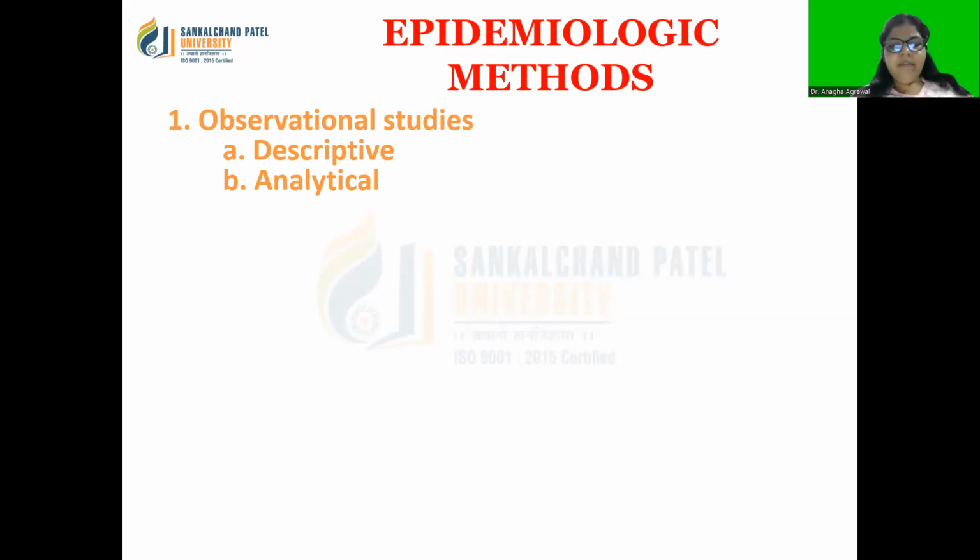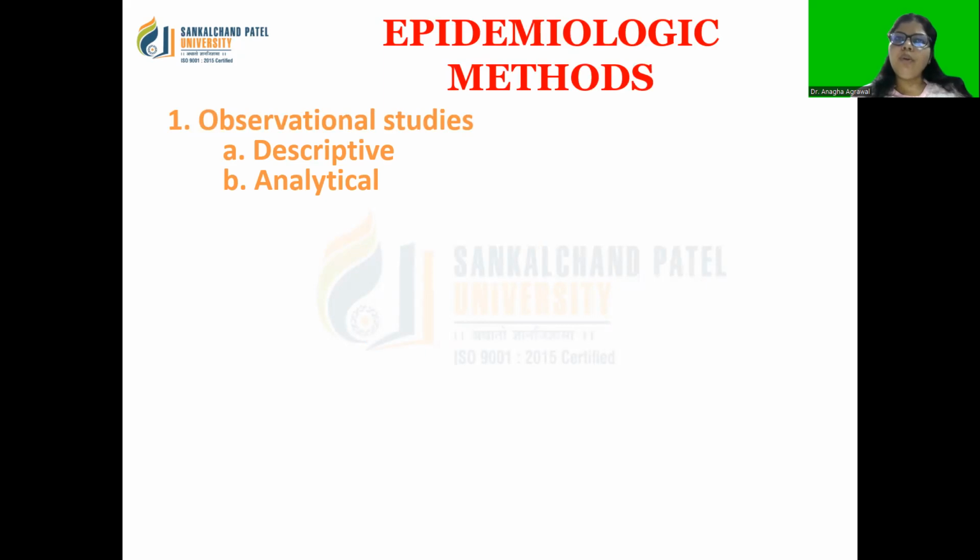Once you have the hypothesis, with the help of descriptive study and analytical study, you actually test that hypothesis, whatever assumption or presumption you've made, whether it is right or wrong. In analytical study, since again it's a type of observational study, you need not intervene. Whatever you have seen, you just see it from the outside.